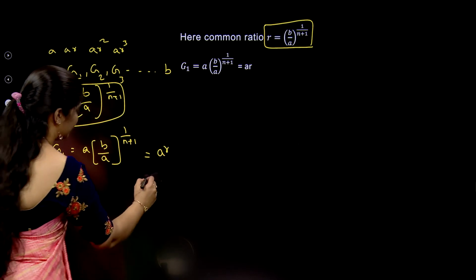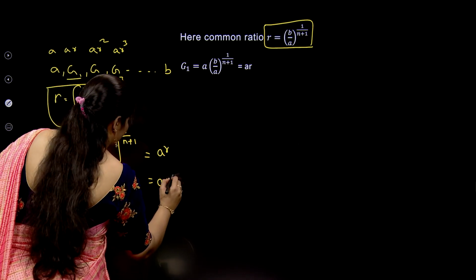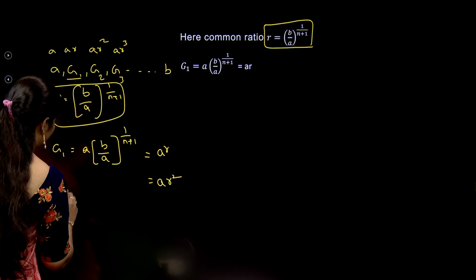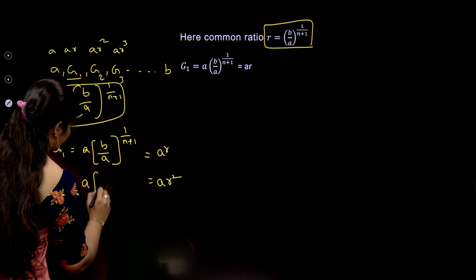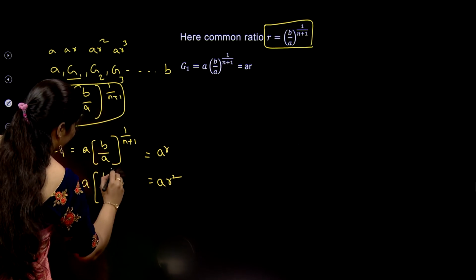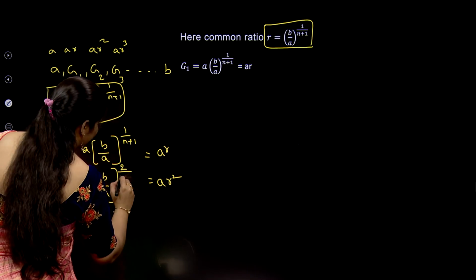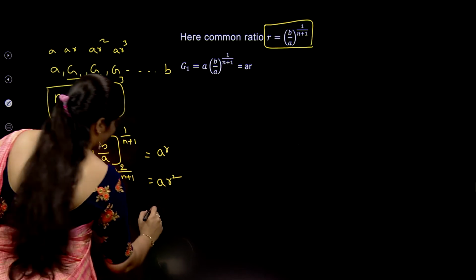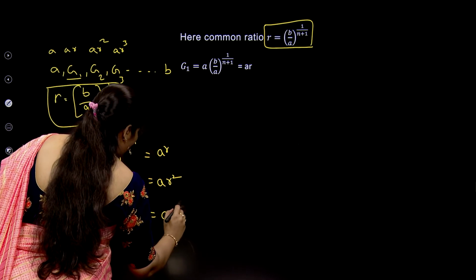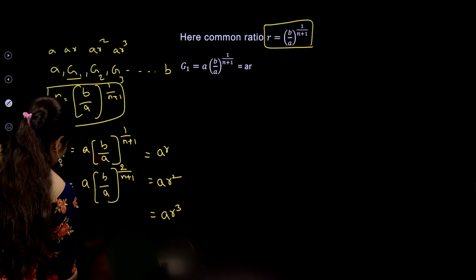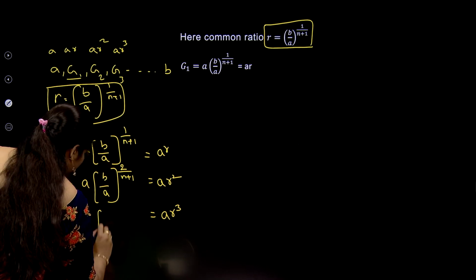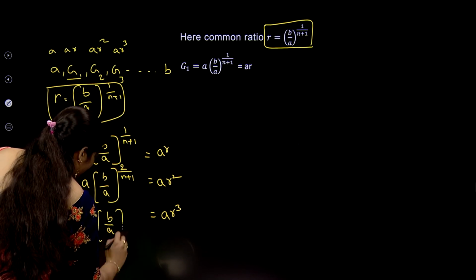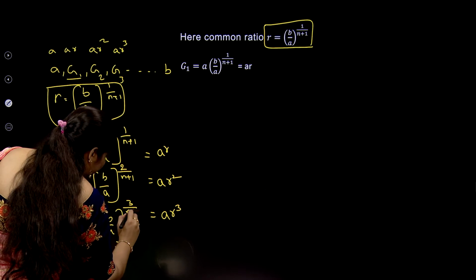Next term is AR square, which means G2 equals A into R square, that is A into (B by A) whole power 2 by n plus 1. Next term is AR cube, equal to G3. G3 equals A into (B by A) power 3 by n plus 1.